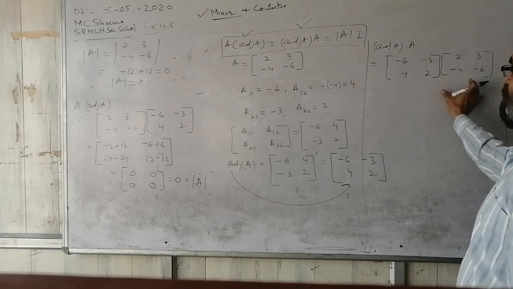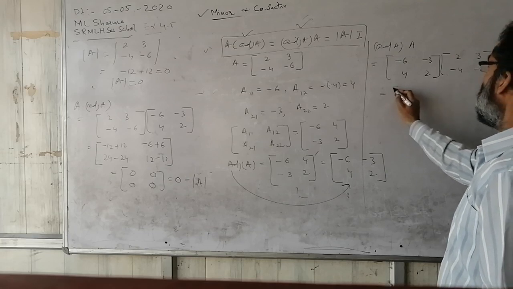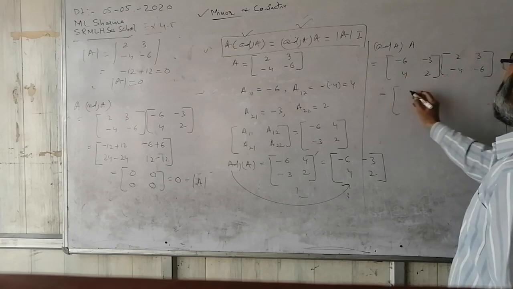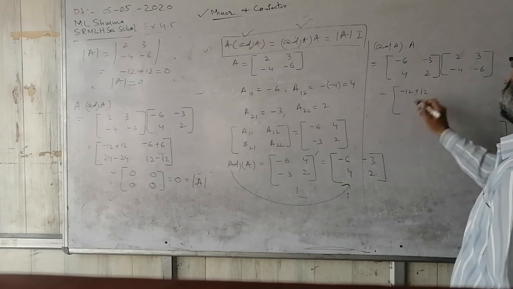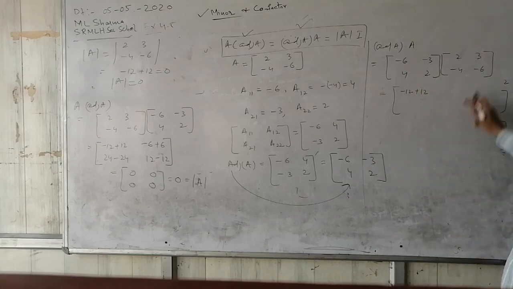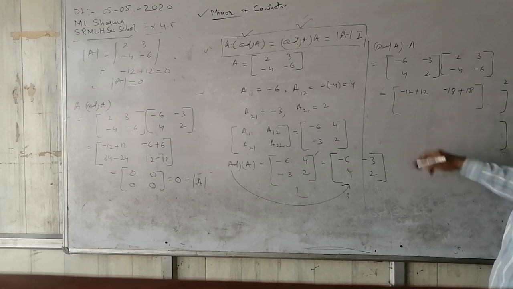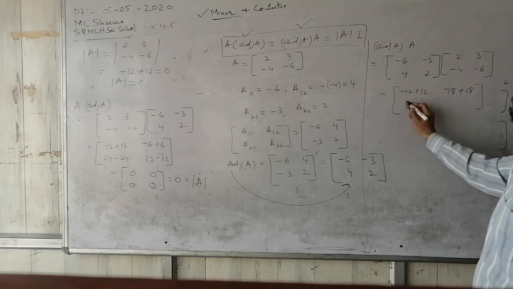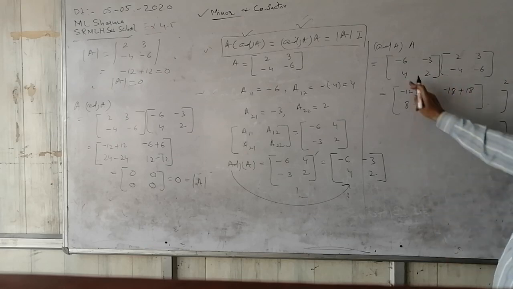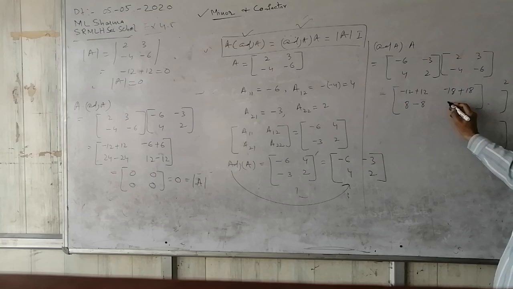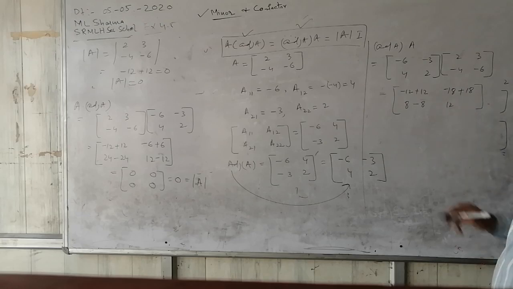So if I multiply these two again, 6 into 2 is 12, 3 into minus 4 is minus 12, 6 into 3 is 18, minus 3 into minus 6 is plus 18, minus 4 into 2 is minus 8, then minus 4 into 3 is minus 12, then 2 into minus 6 is minus 12.